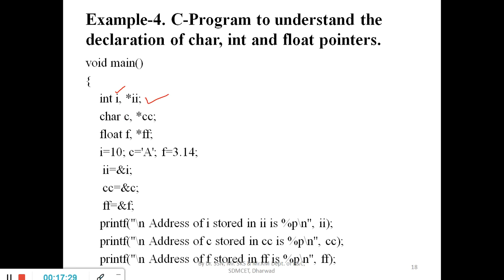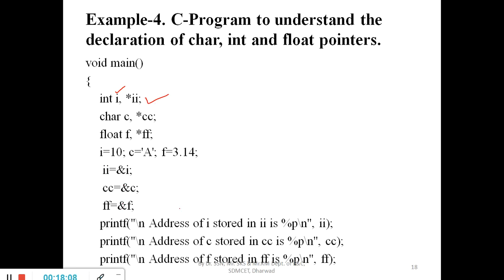Then character c and *cc, where *cc points to a character data type. Similarly float f and *ff. Here I am initializing the variables i, c and f with 10, 'A' and 3.14 respectively. The address of i is stored in ii, which is a pointer variable. The address of c is stored in cc, which is a character pointer, and similarly for f.